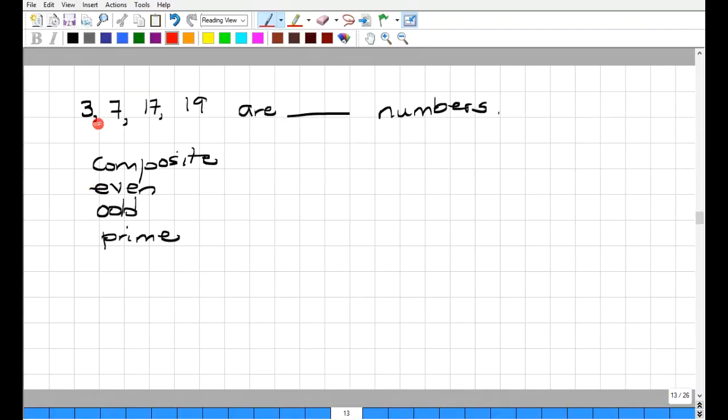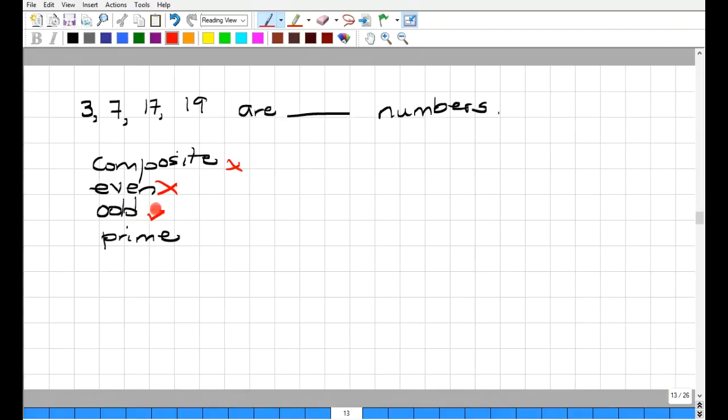All right, so 3, 7, 17, 19 are what type of numbers? We already know that these are not composite. They are not even. They are odd.